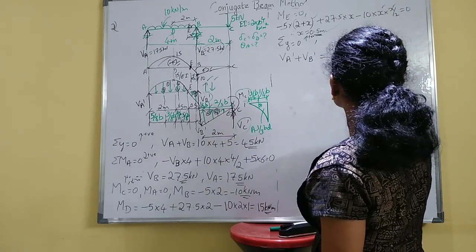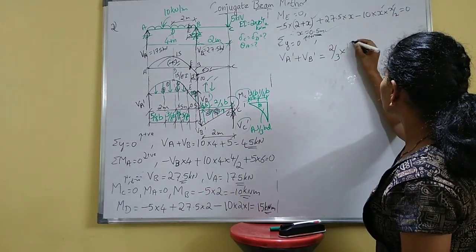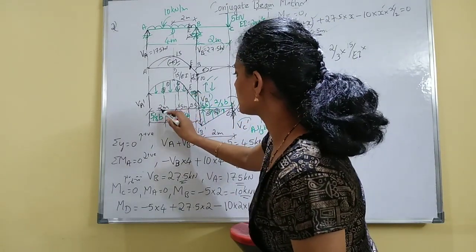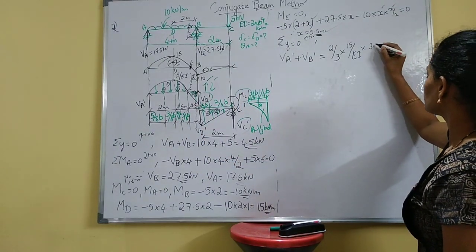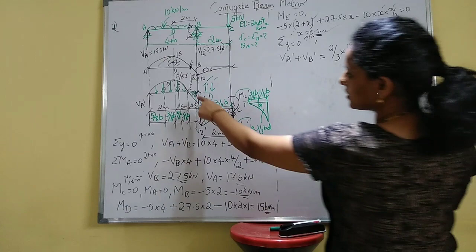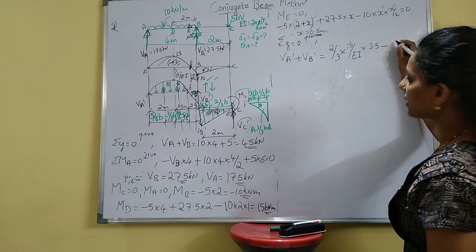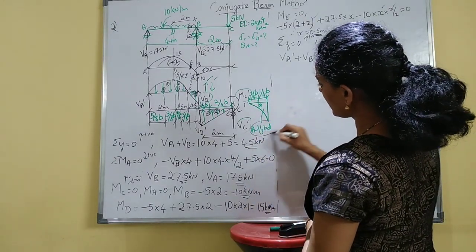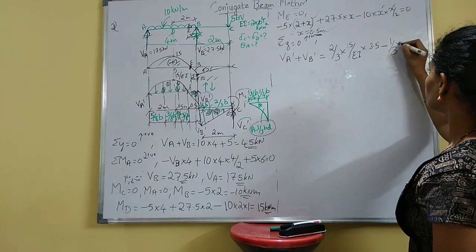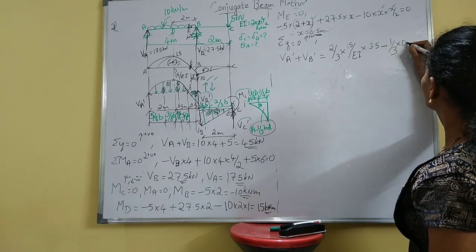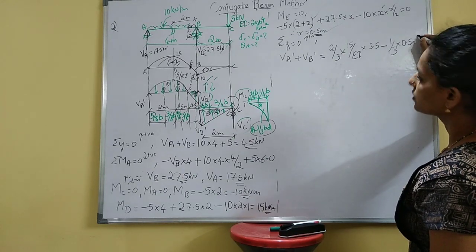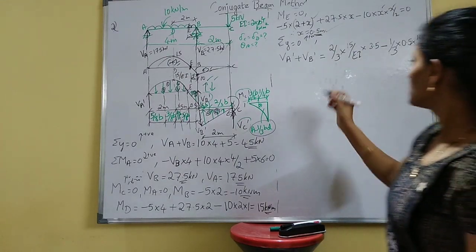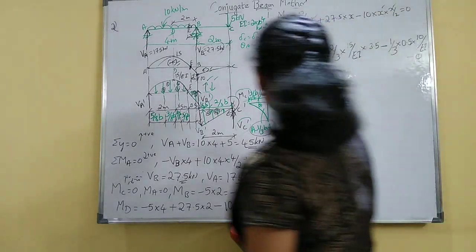For that, area is 2/3 of 15 by EI into, you can consider full this area, that is 2 plus 1.5, that is 3.5, and this is in negative sign, so upward, so it is minus, and for this area diagram is this, so area is 1/3 of BD, so 1/3 of B is how much, 0.5, D is 10 by EI. Okay, this is your equation 1, you just consider like that.